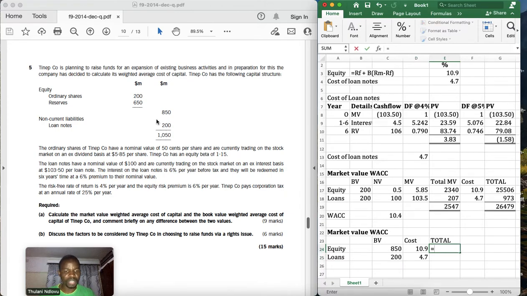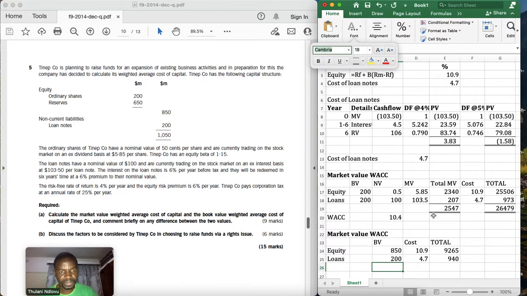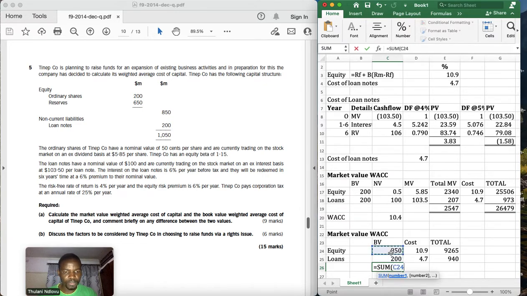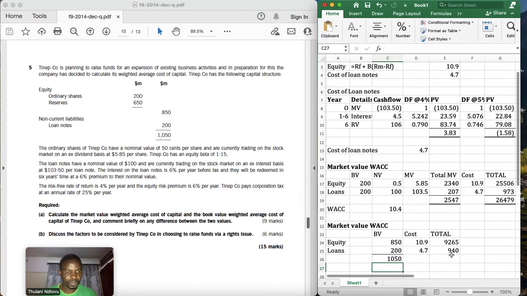Then our total will be book value multiplied by the cost. We copy that. Then here we have to sum there. Sum of the book values. We also sum the total.